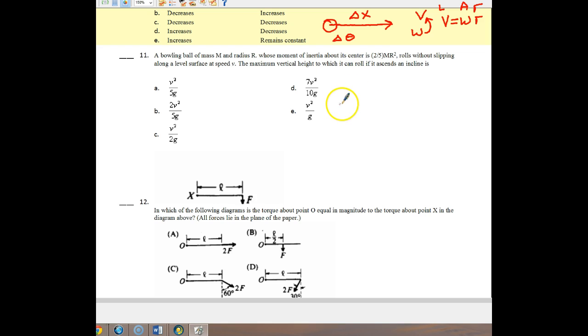So let's go back to the problem, kind of think about it for a second. The ball goes until it gets to an incline, and then it stops at the incline here. So that's the final position. Here's our original position. Our original speed, they said, is v. And then when it gets to this height, we know that our final speed is going to be equal to 0.